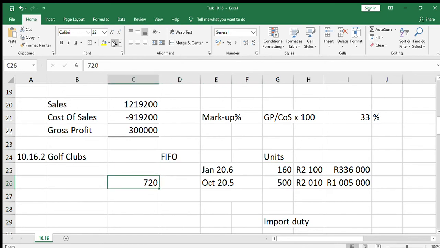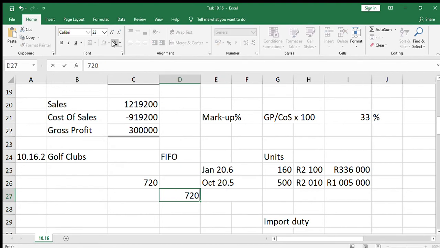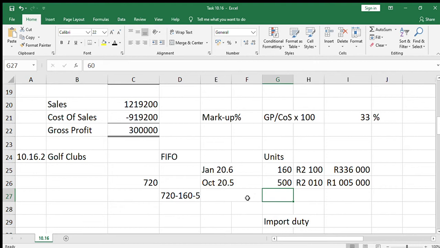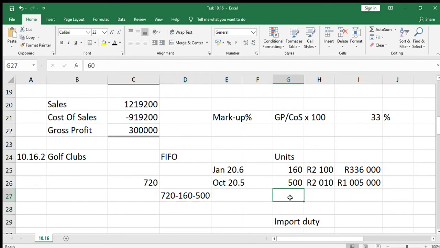Now we're still not done, because if we add up January and October, that gives us 660 units, but we need 720 units. So I'm just going to show you the calculation: 720 minus 160 minus 500 will tell us how many more we need to calculate. That should give you an answer of 60 units.